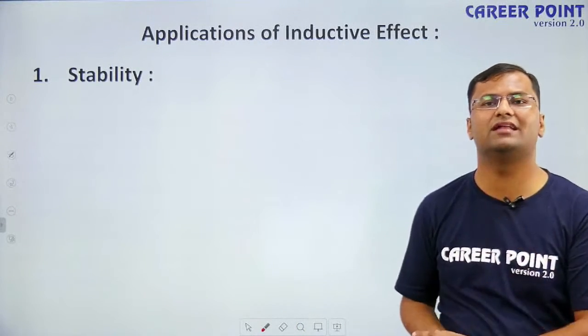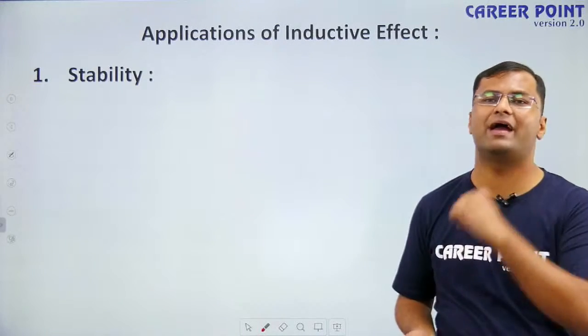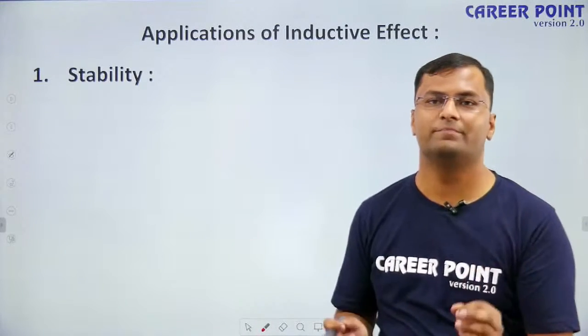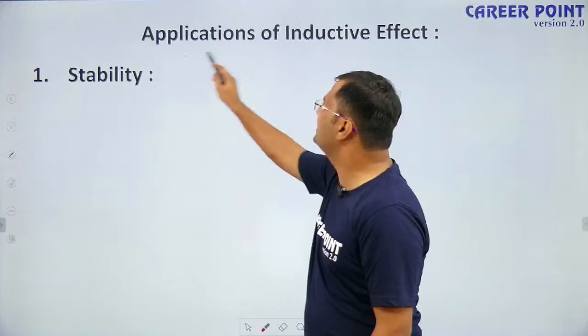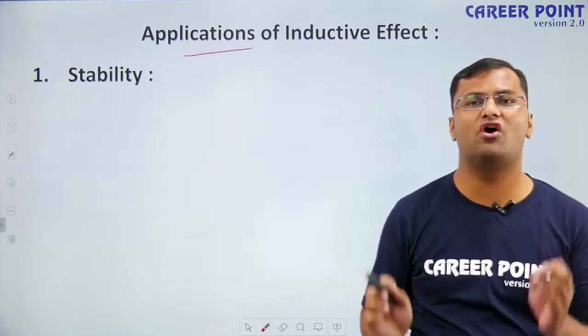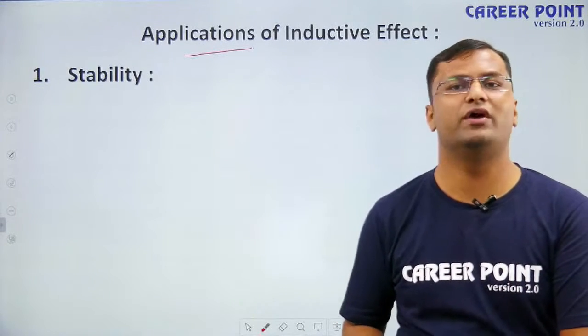Okay, so two questions will be asked, one from stability, one from acidic strength of compounds. We will discuss the application part, how the stability of any carbanion takes place.